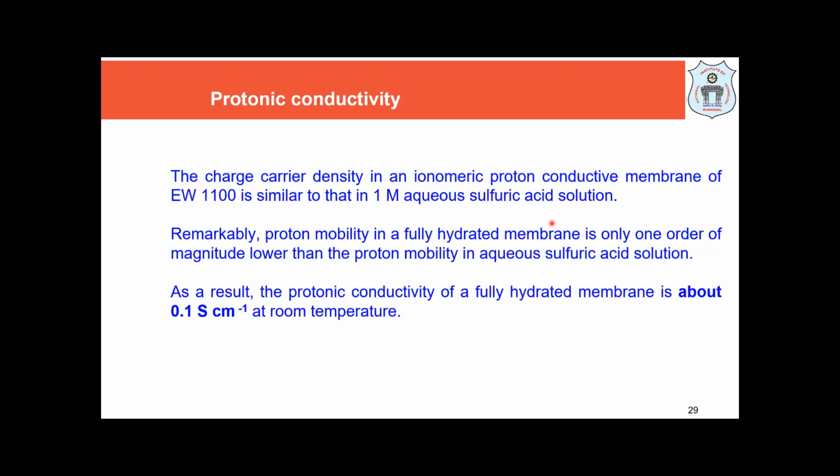That is why we tend to use this type of membrane. As a result, the protonic conductivity of a fully hydrated membrane is about 0.1 Siemens per centimeter at room temperature.